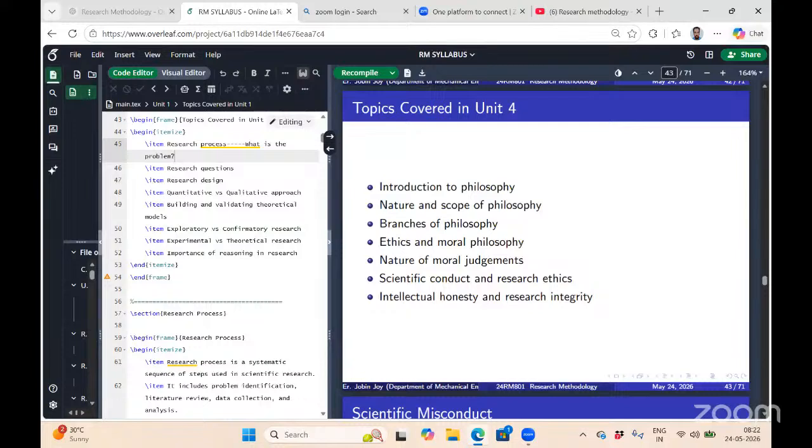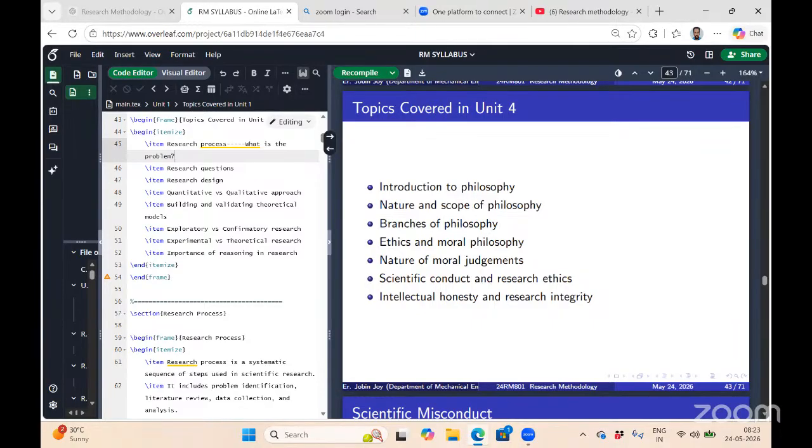So ethics: honesty, fairness, responsibility. Ethics will promote honesty, fairness, and responsibility because ethics deals with right and wrong behavior, the study of which one is right and which one is wrong.